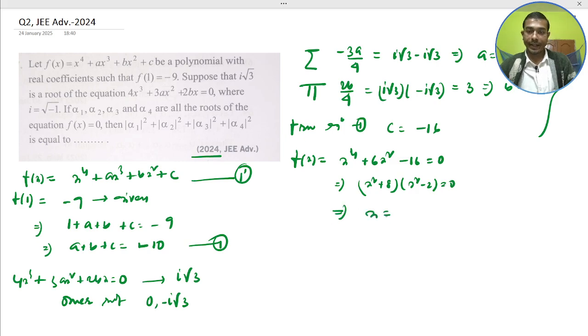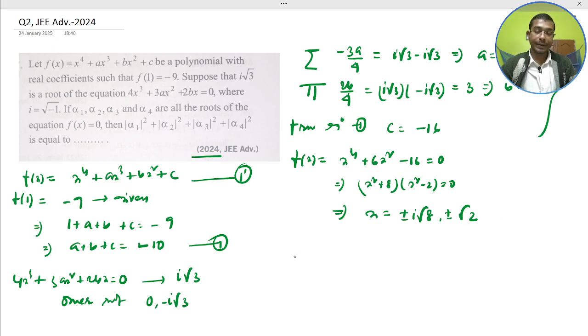So we get the roots x equal to plus minus i root 8, and solving, x square equals minus 8, and x equals plus minus root 2. So the roots are these.